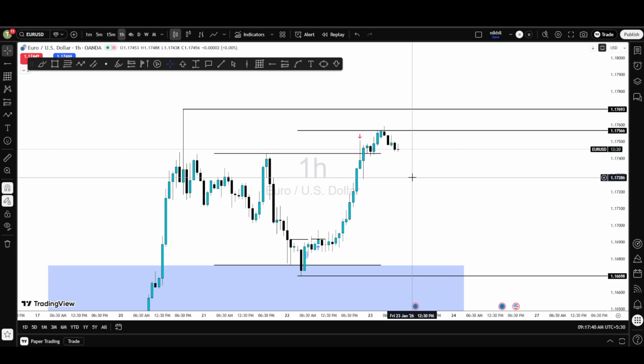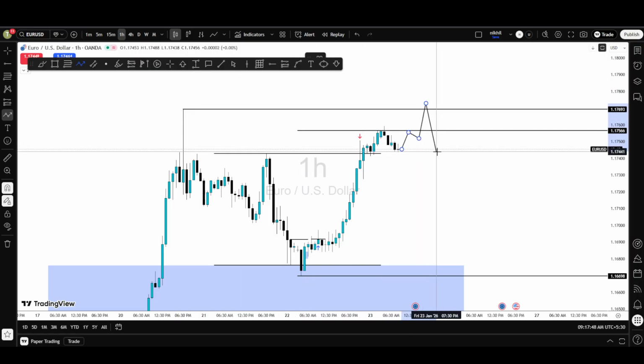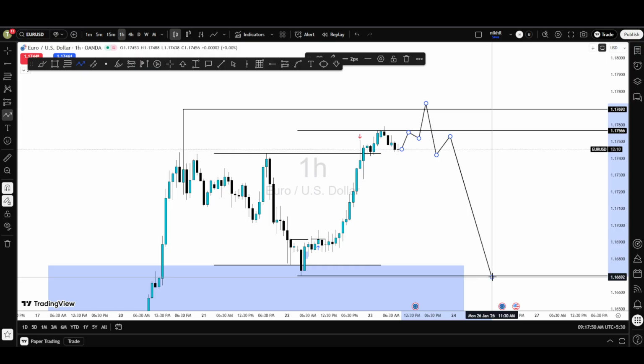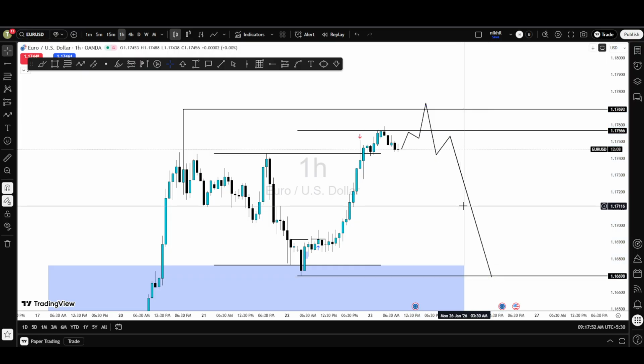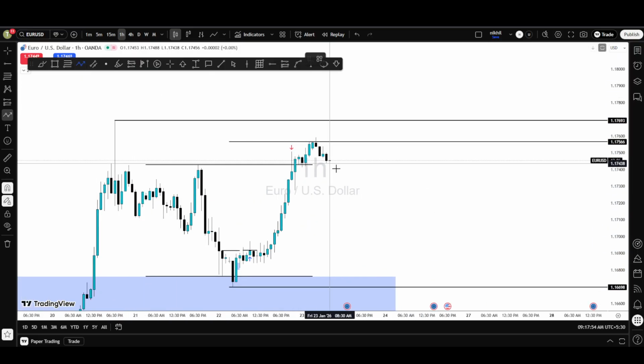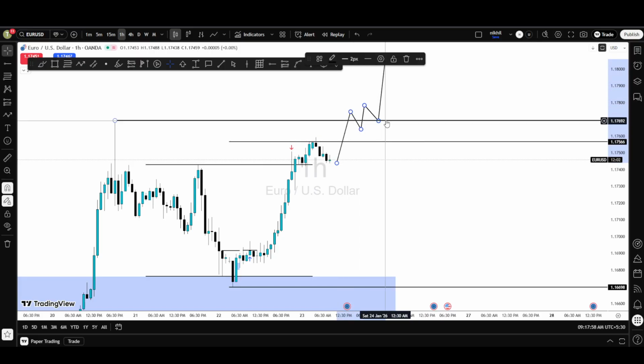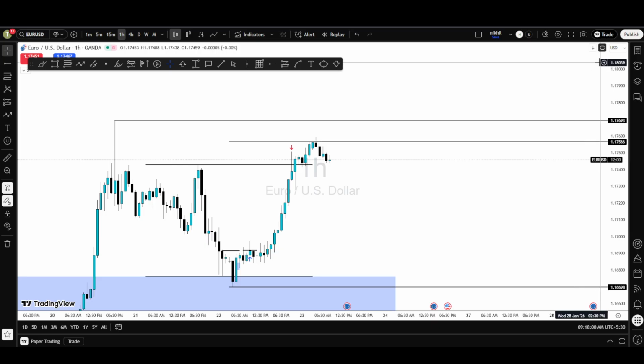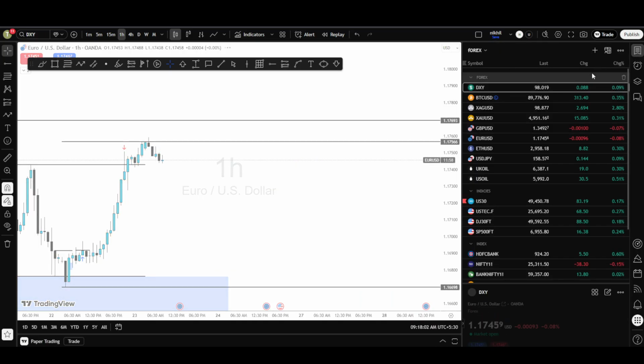So price can first take out this buy side liquidity in the Asian session, and this can happen. But if not, the second scenario will be a strong displacement towards the upside, and price might continue higher. So for that, we'll see DXY.